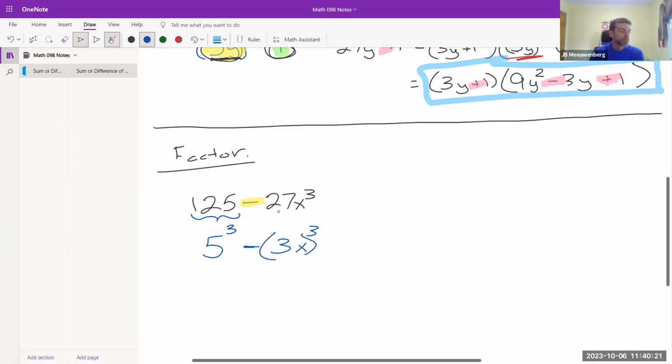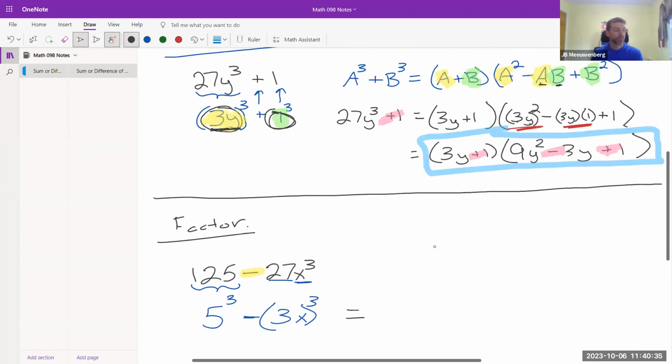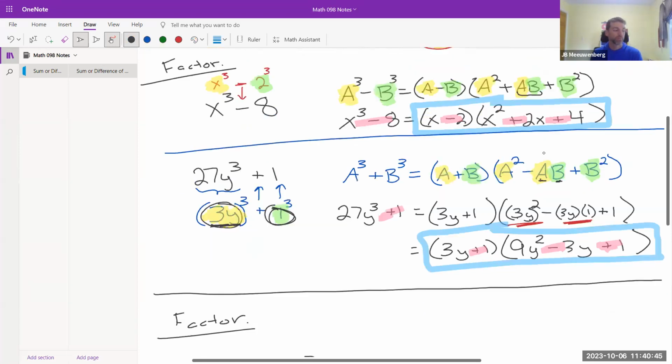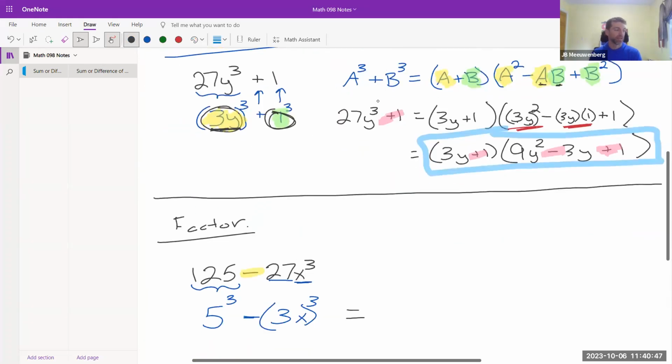Okay? 3 times 3 times 3 is 27, and x times x times x is x cubed. So we group them together in one base in parentheses with that single exponent. So that is going to be equal to, so we remember how it goes, a cubed minus b cubed is the quantity a minus b times the quantity a squared plus ab plus b squared. So that's going to look like this.